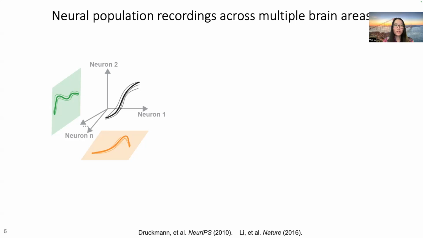This is an illustration of neural dynamics in the high-dimensional activity space. The thinner lines indicate single trial neural dynamics, and the thicker lines is the trial average mean. The two planes represent two different subspaces, and therefore we can calculate the projection of the neural activity onto these subspaces.